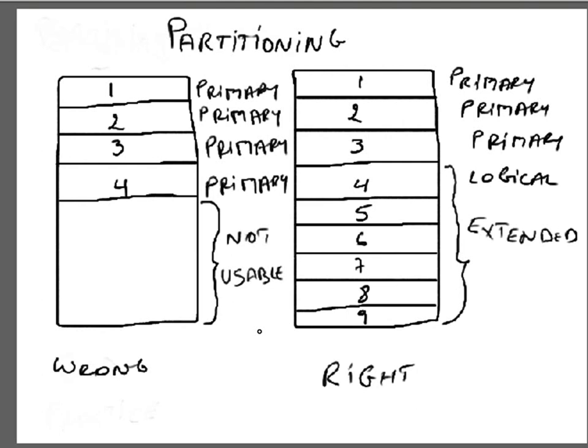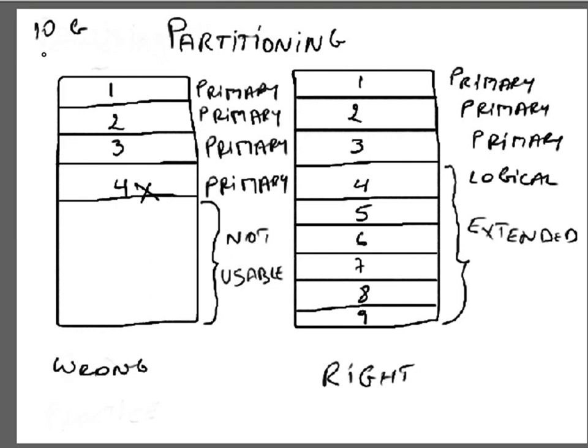So what do you do in the event that you need more than 4 partitions? Well, you have to delete one or not use 4 primary, use 3 primary and an extended partition. So why is it not recommended that you have 4 primary partitions? Let's assume you have a 10 gig hard drive, and you want 2 gig partitions.